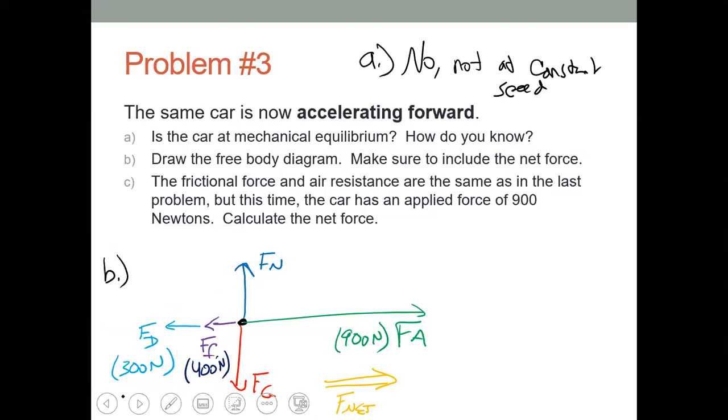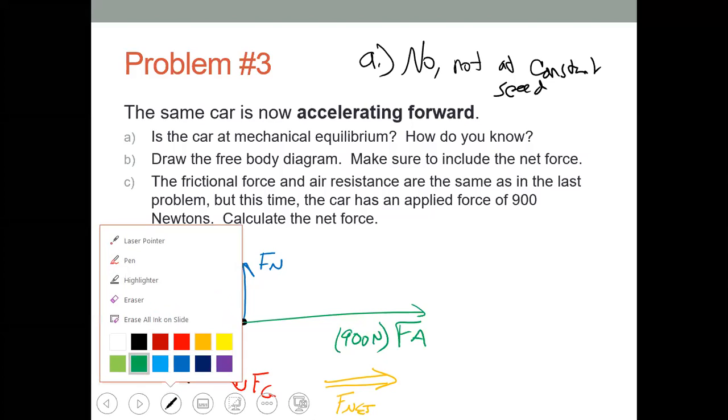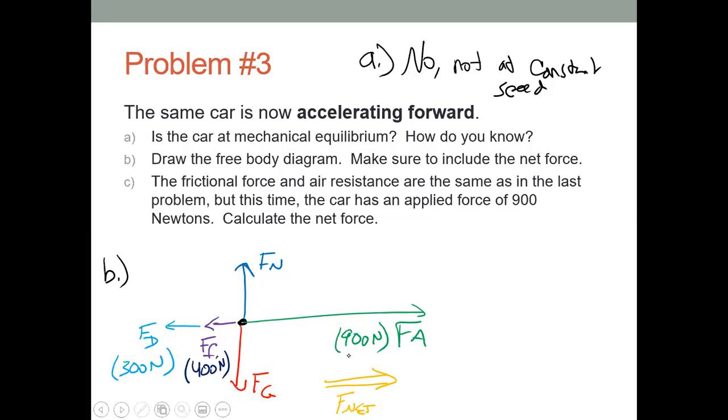So what's my net force? Oh, did I do it backwards? Okay, sorry. I'll fix that real quick. Thanks, Chloe. Wait, so this one was what? This one was 300, 400.